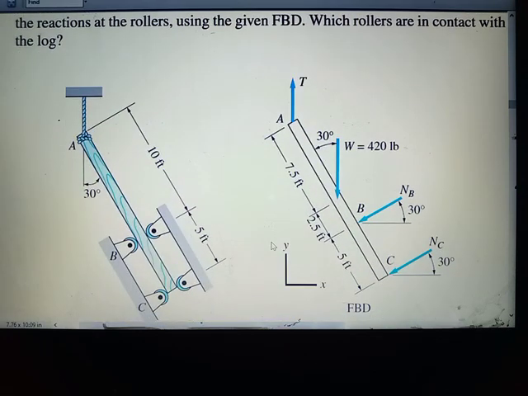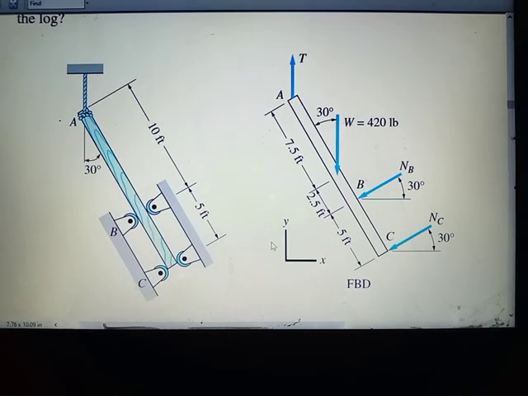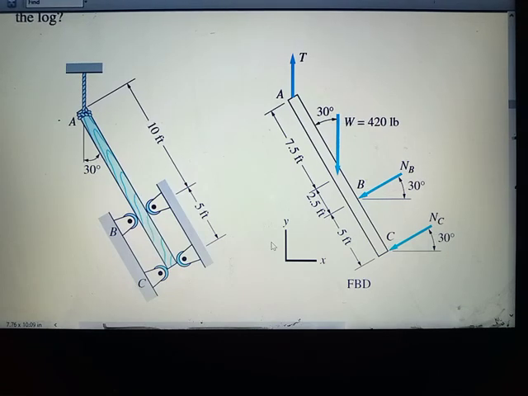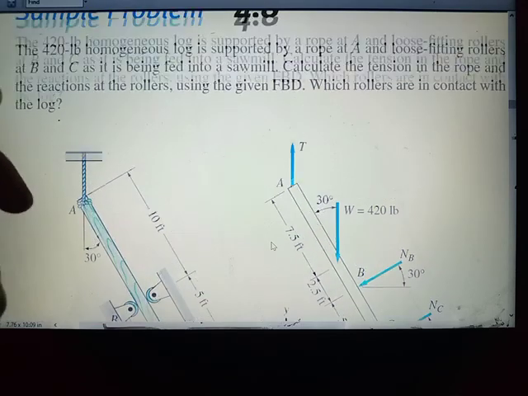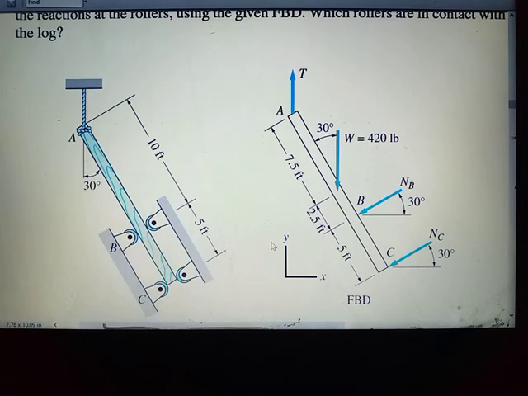Okay, so ito. Yan. So as you can see, meron kang cable dyan, saka meron siyang given na weight. Yung weight niya is 420 pounds. Okay. So, hindi ito siya SI. US customary units yung ginagamit.